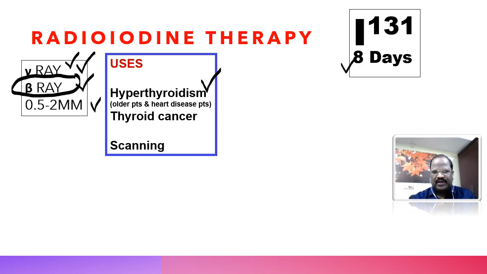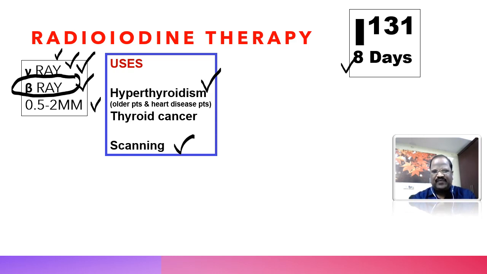Iodine 131 is also useful for treatment of thyroid cancer. And because of emitting gamma rays, it is also useful for diagnostic purposes, called thyroid scanning. So remember, it is useful for treatment of hyperthyroidism and thyroid cancer, as well as for diagnostic purposes.